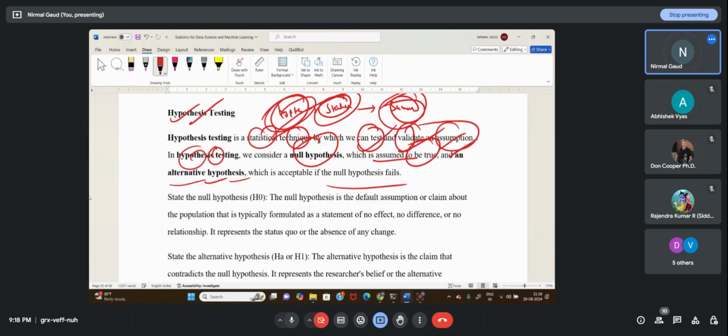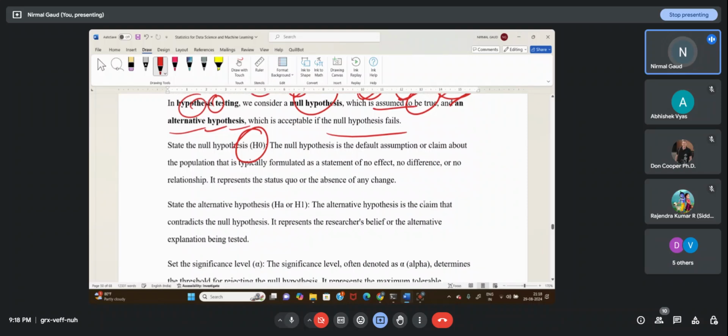Null hypothesis is denoted by H0. Alternate is represented by HA or H1. The null hypothesis is the default assumption or claim about the population. I am having a sample, but I'm claiming for the entire population.